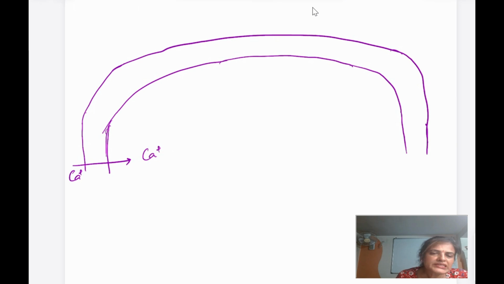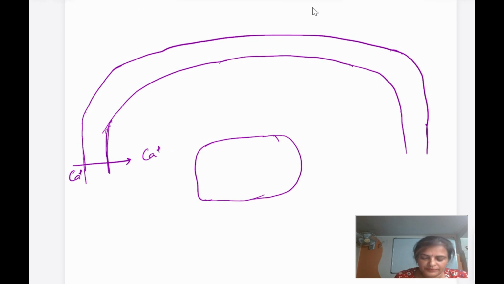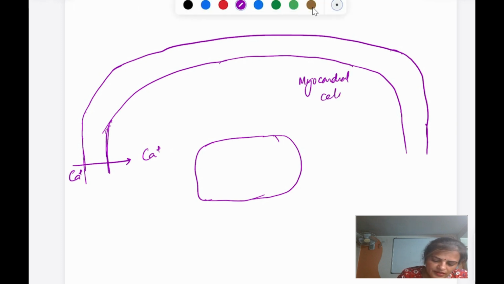Now, once it enters the cell, this is the one which is going to stimulate the ryanodine receptor which is present on the sarcoplasmic reticulum. This is a myocardial cell, and here are the ryanodine receptor 2.